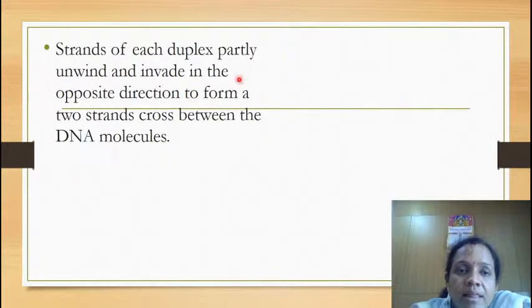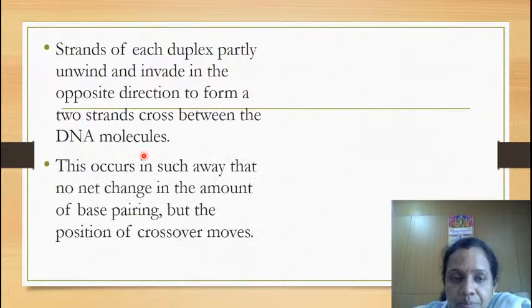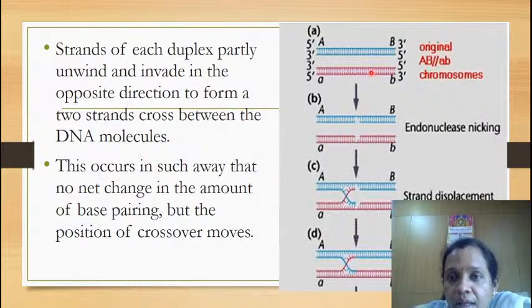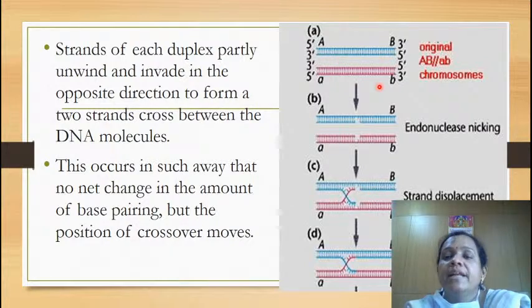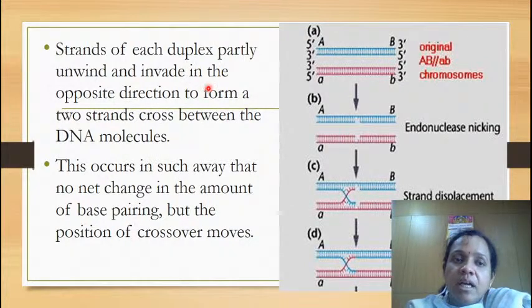Now, the strands of each duplex partly unwind and invade in the opposite direction to form a two-strand cross between the DNA molecules. So, this is one helix and this is another helix. These two helices have opened up, unwound and become straight. Now, what will happen? One part will invade into the other part.